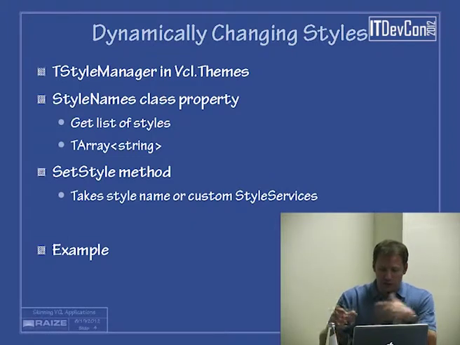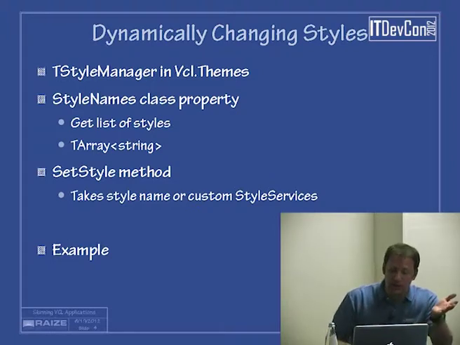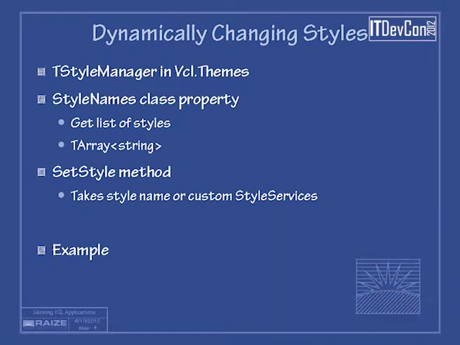So in order to do that, we need to use the T-Style Manager, which used to be the Theme Manager. Now they've created an alias for it called the Style Manager. It's in the VCL Themes unit. And there's some properties and methods that we can use. So there's a Style Names class, which gives us a list of all the styles that have been linked into the application.